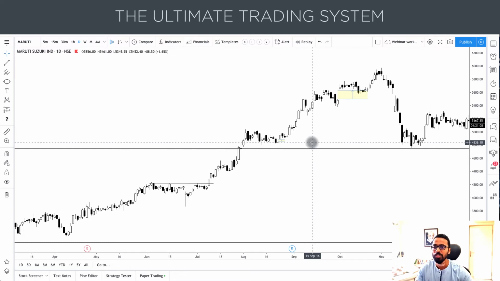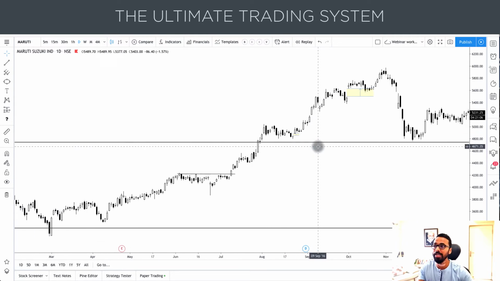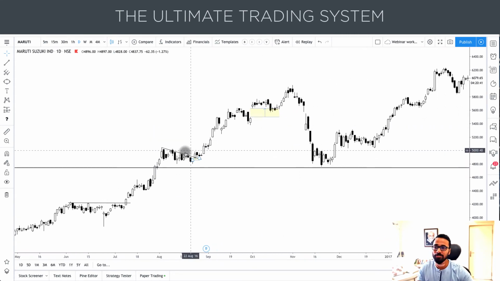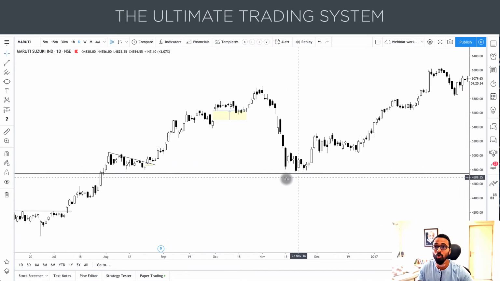Now I can draw this trend line here, I get a breakout and I can trade this on the long side. It's very clear because I'm already looking to take a long position because it has broken a resistance level. Anyway, moving on. So once this resistance is broken, it moves up, you take that trade, it comes back down, change in polarity. This is acting as support now.